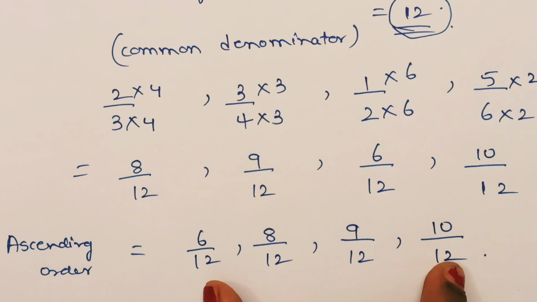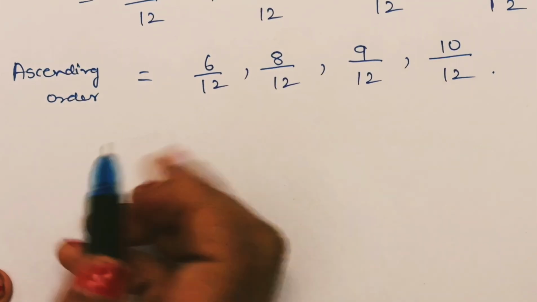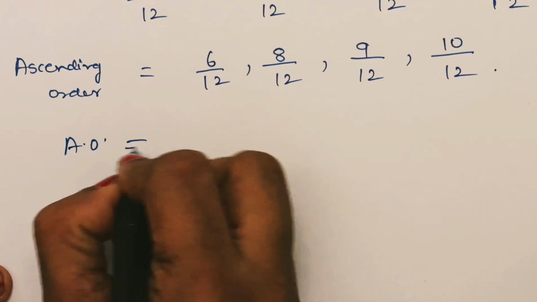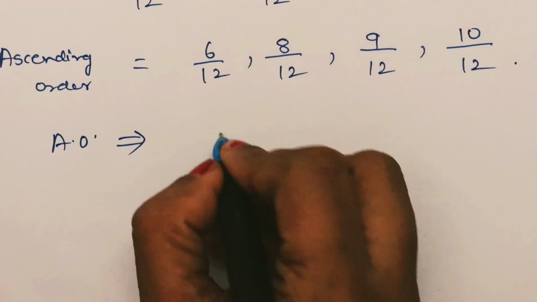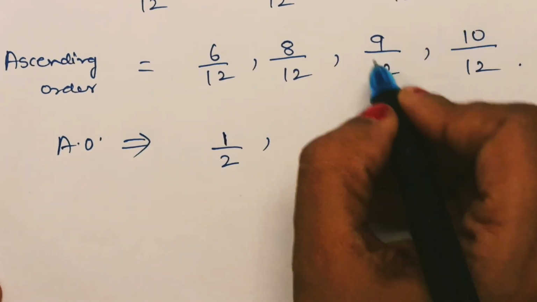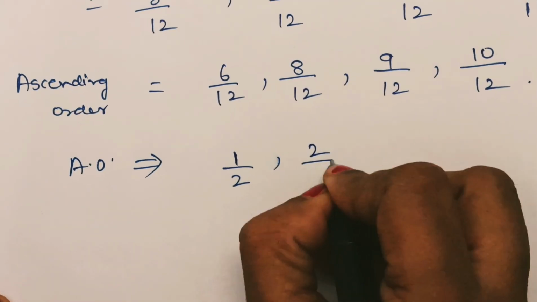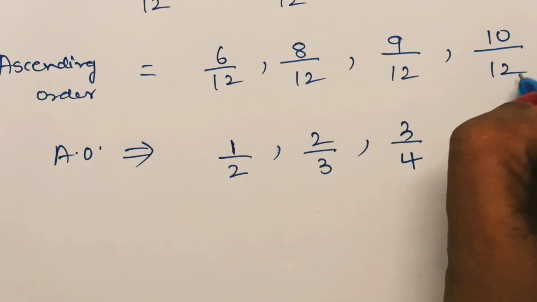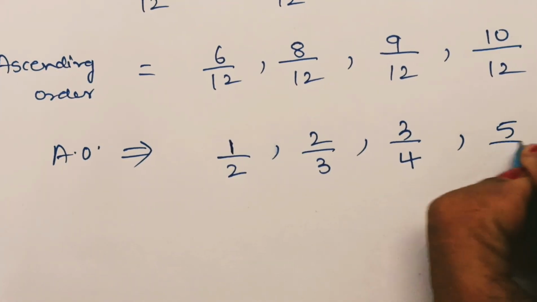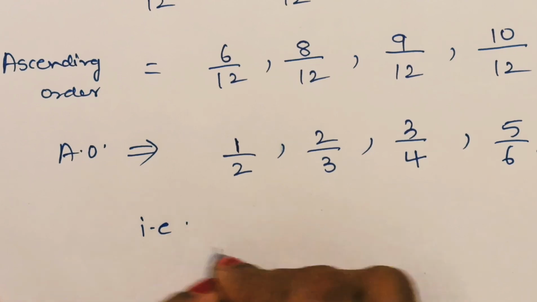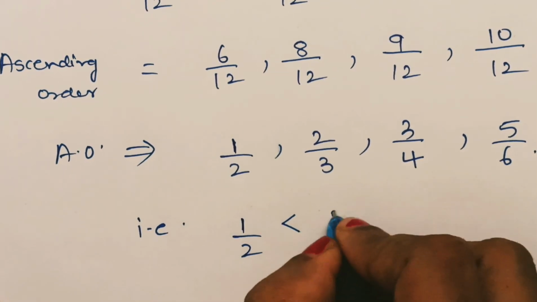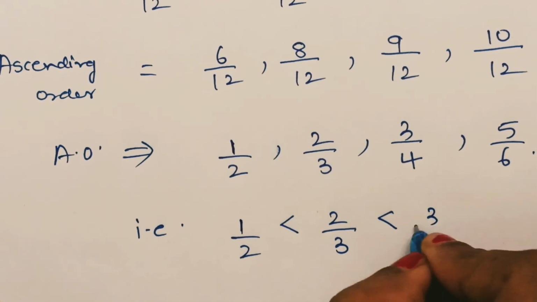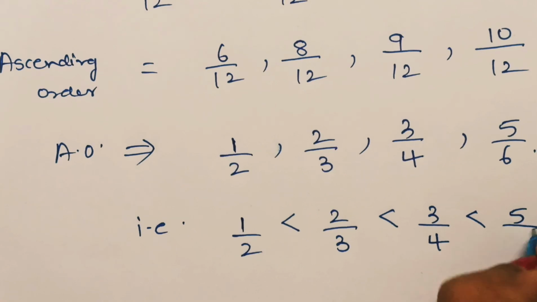But this is not your actual question. So your actual question is what? Your actual question is 1 by 2, then 8 by 12 is 2 by 3, 9 by 12 is 3 by 4, and 10 by 12. 10 by 12 means 5 by 6. That is 1 by 2, 2 by 3, 3 by 4, 5 by 6.